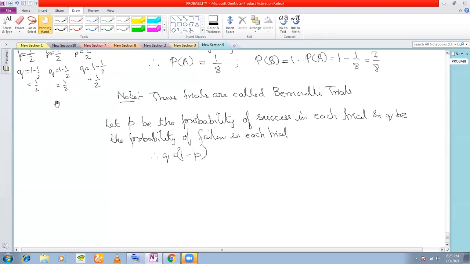So the question is, what is the probability of r successes in n trials?